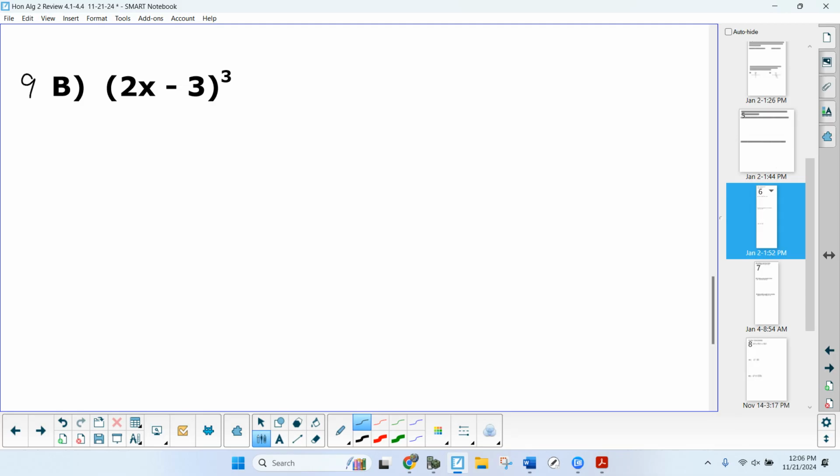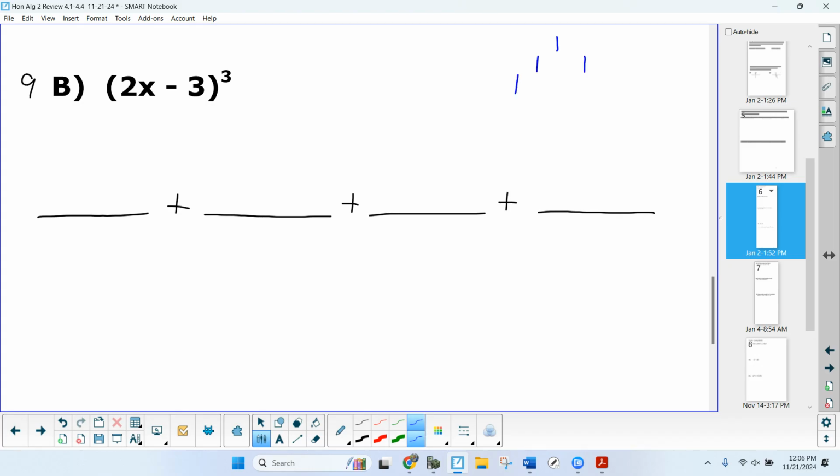All right. So since it's being raised to the third power, how many terms am I going to have? 4. 1, 2, 3, 4. Now, Pascal's triangle, it will not be given to you. You're going to start with a 1, then what? 1, 1, then 1. Now, I need the one that has a 3 in it. So 1, 3, 3, 1.